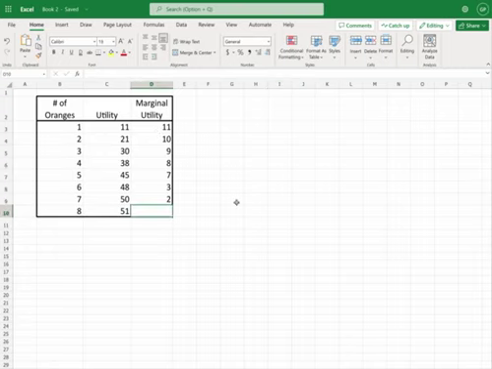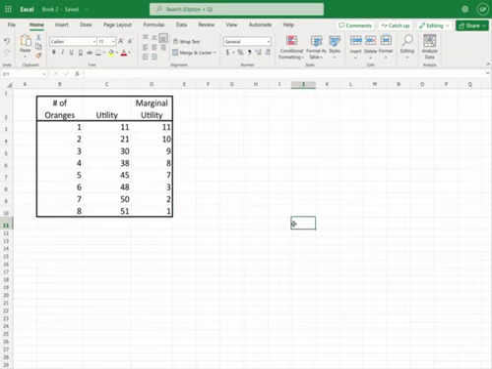So that is our marginal utility. For this cell right here, marginal utility is equal to 1, because when I increase my consumption from 7 to 8, my total utility went up by 1 unit, so that 8th orange contributed 1 unit of utility. So that was the first part of the question.